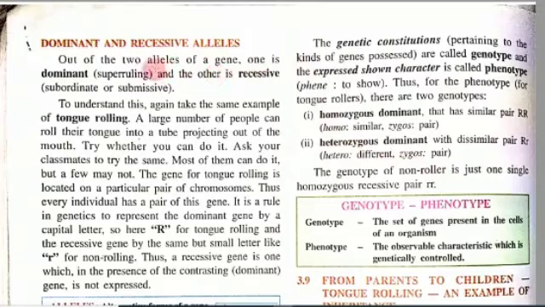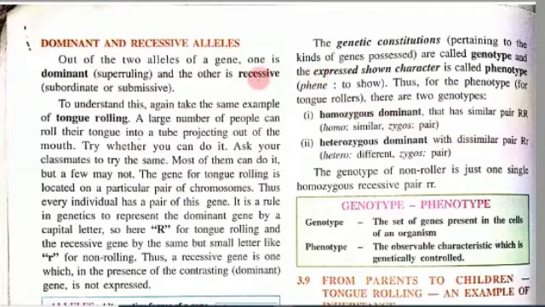So what is dominant? The expressing character is called the dominant character. Out of the two alleles of a gene, one is dominant. For example, capital R is dominant and the recessive gene is small r. So usually a gene pair consists of one capital letter and one small letter.